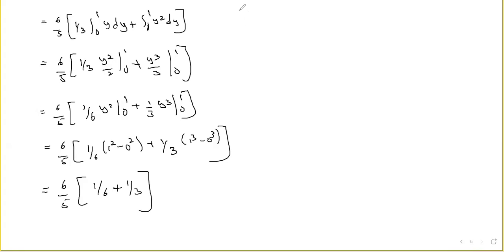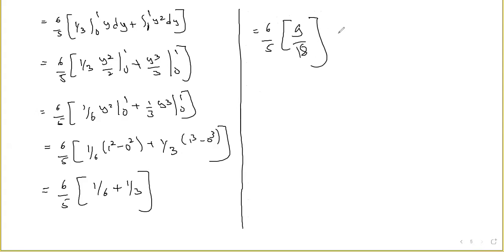So this is equal to 6 by 5 1 by 6 plus 1 by 3, that will be 9 by 18, or 6 by 5 into 1 by 2, right? This is equal to what? 6 divided by 10, or 3 by 5.